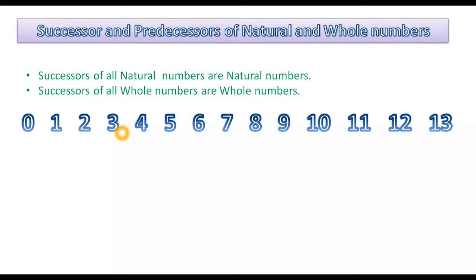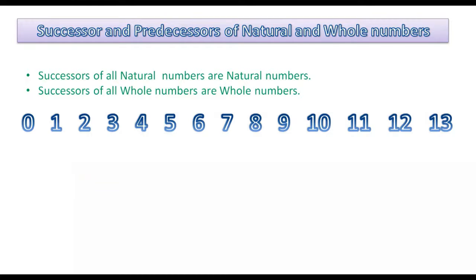Similarly, successors of all whole numbers are whole numbers. Whole numbers start from 0. So the successor of 0 is 1, the successor of 1 is 2, the successor of 2 is 3, and so on.